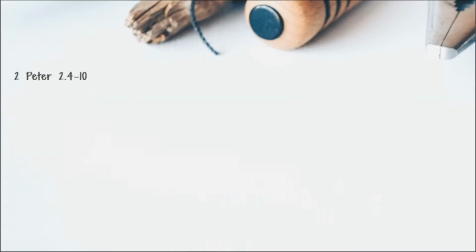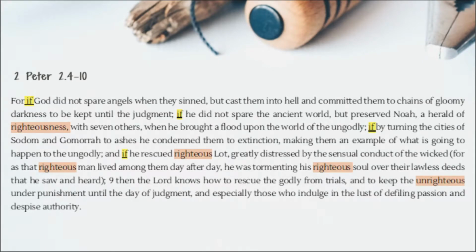All right, 2 Peter 2. There's 2 in this one. Double bonus. What do you guys have? Throw me out something. I have If is correct. If God is If. And righteous, righteousness, righteous, unrighteous.